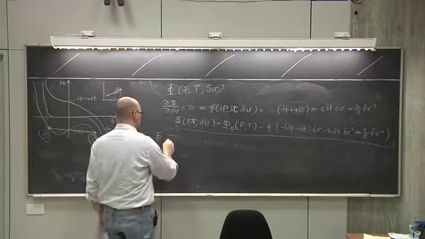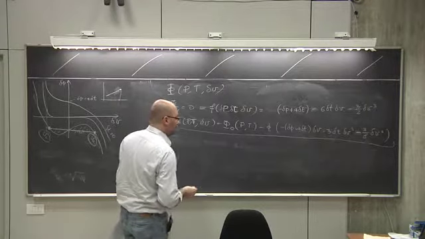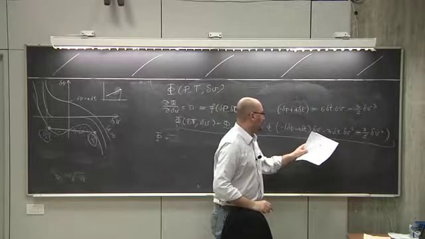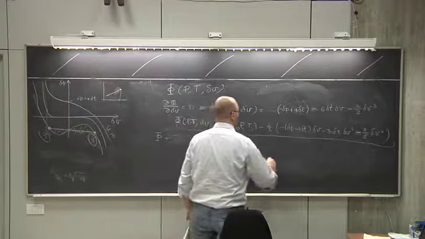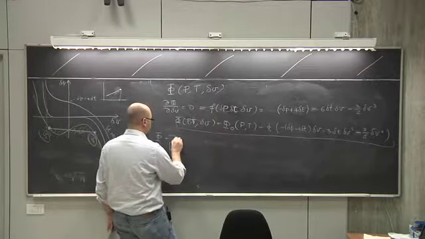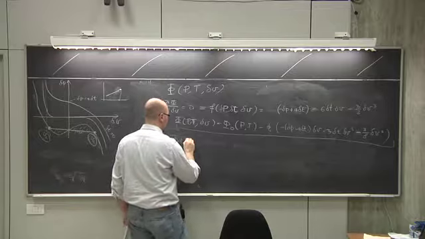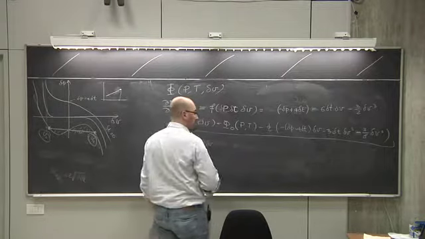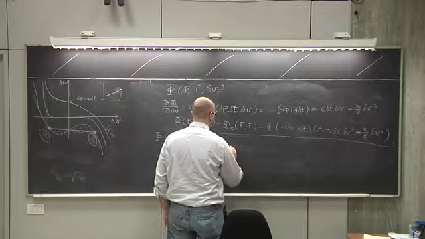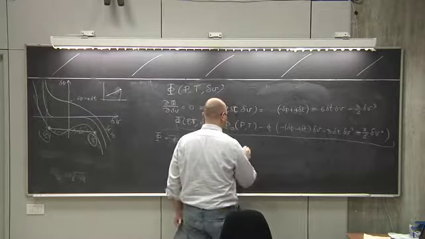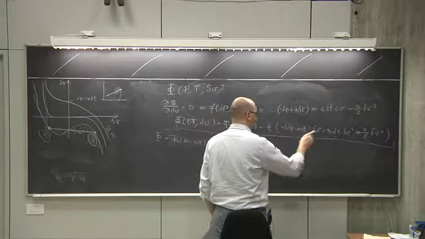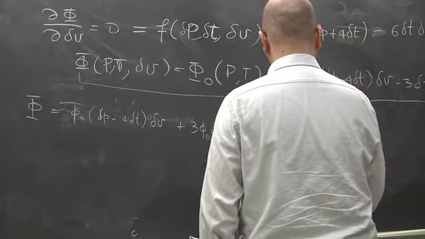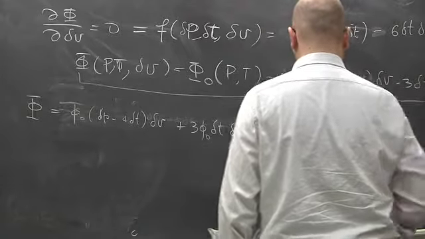This function has a linear term, which we can write as phi 0 delta p minus 4 delta t times delta v. Then it has a quadratic term which is 3 times phi 0 delta t delta v square, and then it has a quartic term which is 3/8 times phi 0 delta v to the fourth.